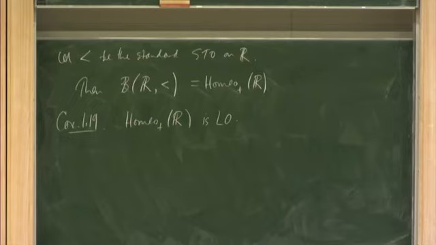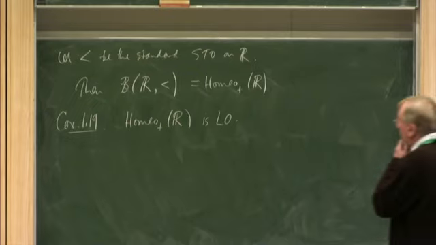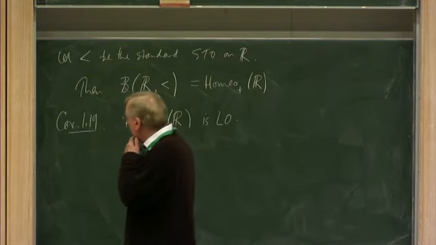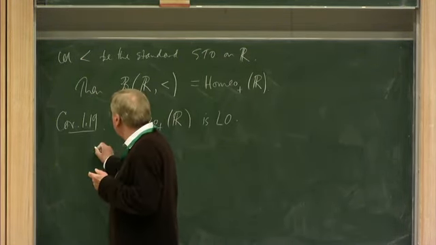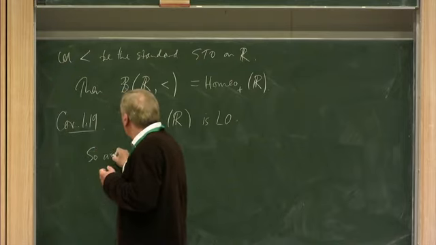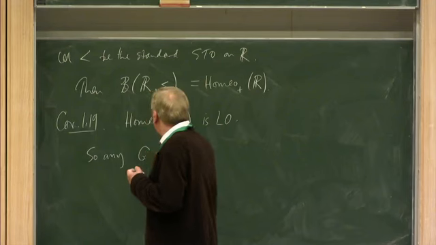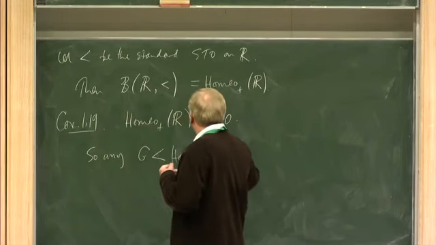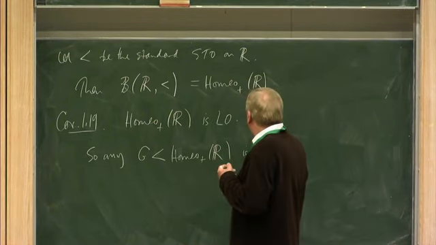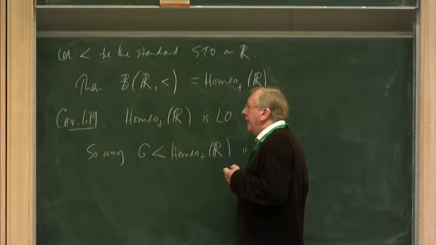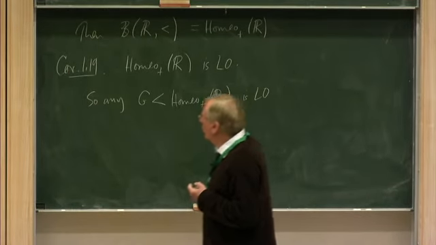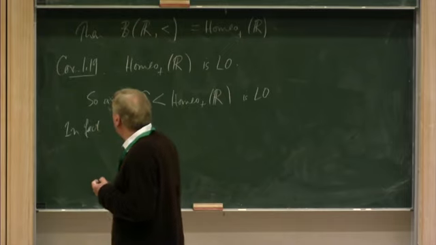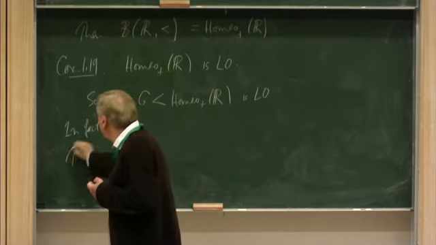And in fact, it turns out that this is rather interesting. There's a sort of converse to this. Any G that's a subgroup of Homeo+ R is left orderable. And in fact, there's a theorem which I won't attempt to prove, or even give as an exercise, but I'll just state it.